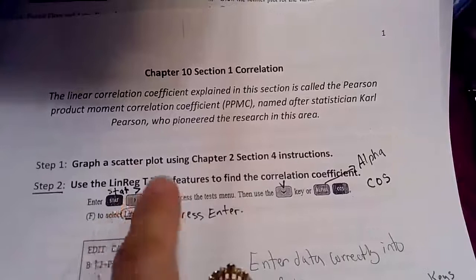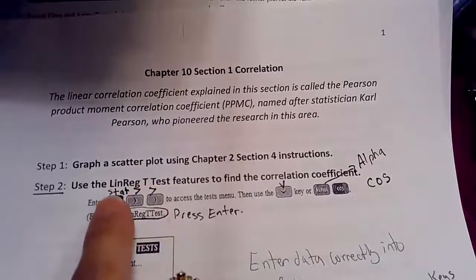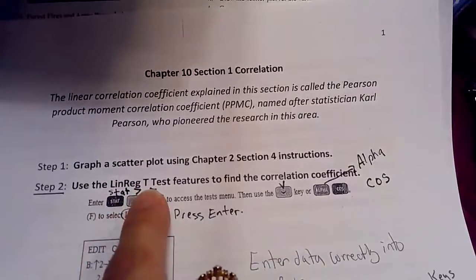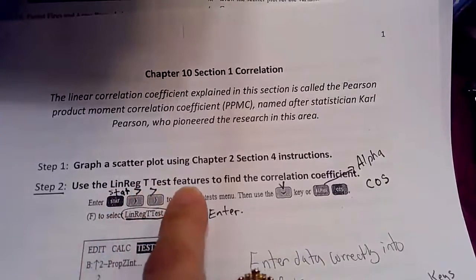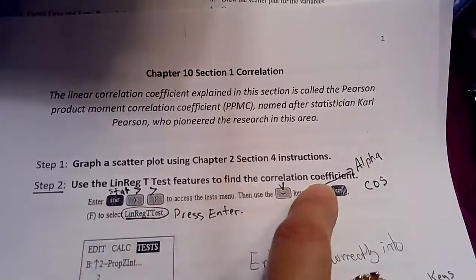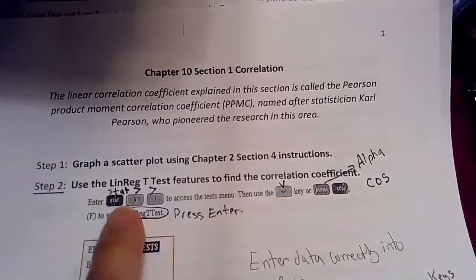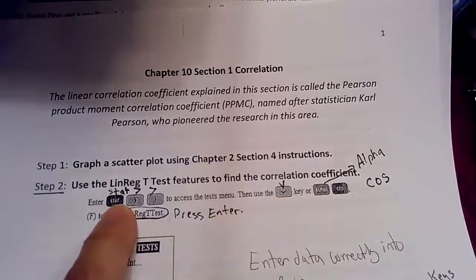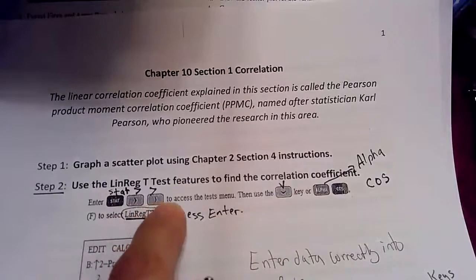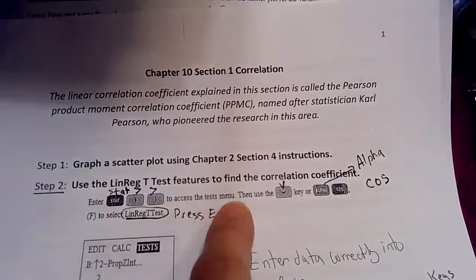So we already did the scatter plot. We did put our data in already, and we have our scatter plot. Okay, so we're using the linear regression t-test feature to find the correlation coefficient, or R. So you would enter stat and you would tab over twice to access the test menus.